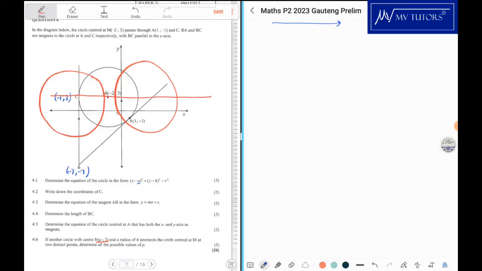But let's just say we have circles that are intersecting, regardless of where they are intersecting.